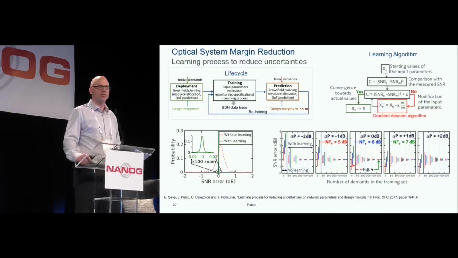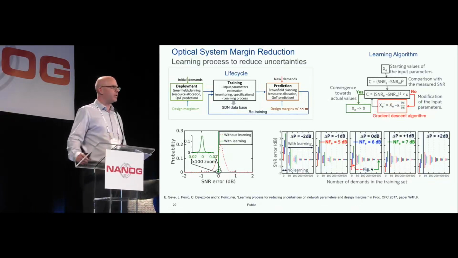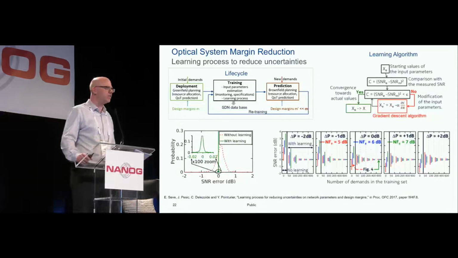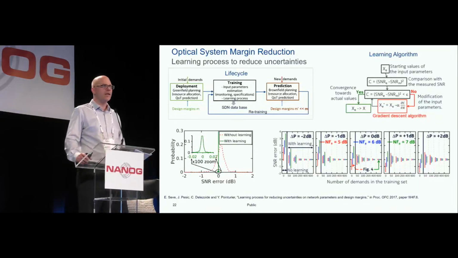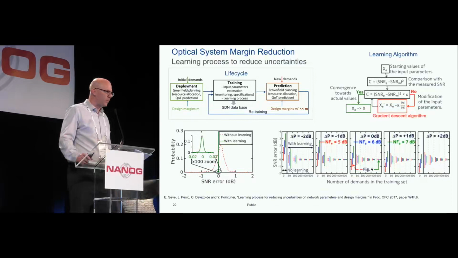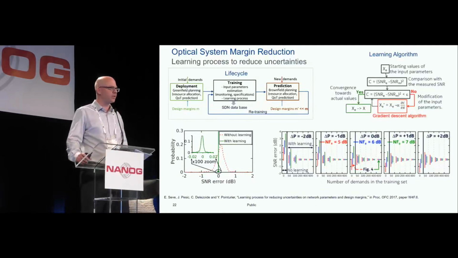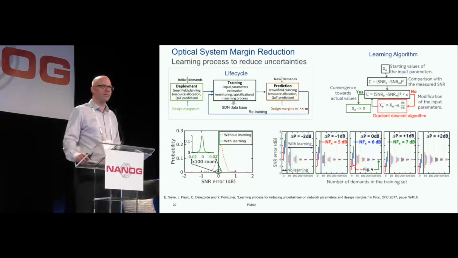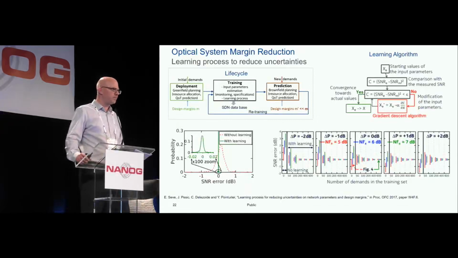So you have like plus or minus 1 dB that you would have to build in for margin there. Now, once you do the learning, you reduce the uncertainty in that signal-to-noise ratio prediction, and then you can get down to 1/10 of a dB. And so that basically means you understand how that network is operating, what the different contributions are from the different amplifiers, and you can operate very close to the FEC limit.